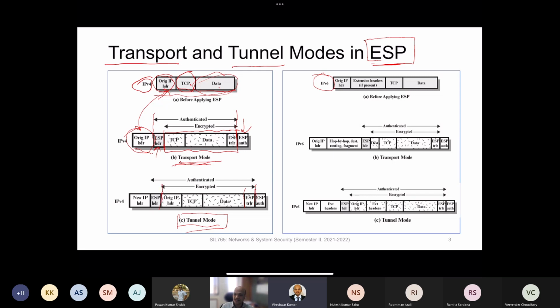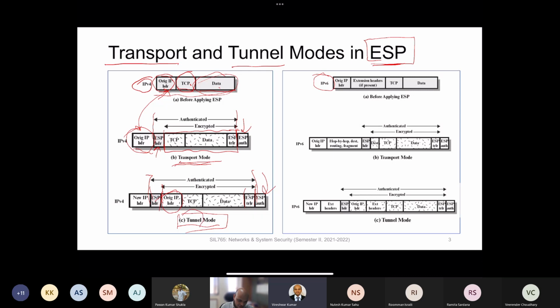So the original IP header is encrypted as well. Then you do a very similar thing about authentication. You add an ESP header, you authenticate it and concatenate the authentication tag with the packet. So now your original IP header is encrypted as well as authenticated.